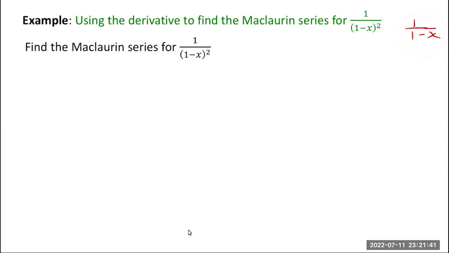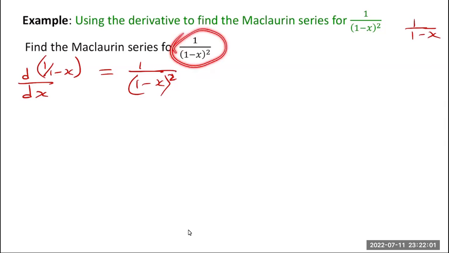Okay, so what would you get if you differentiate this function, d over dx of 1 over 1 minus x? This is exactly 1 over (1 minus x) squared, right? That is exactly the given function. We are asked to find the Maclaurin series for this one.